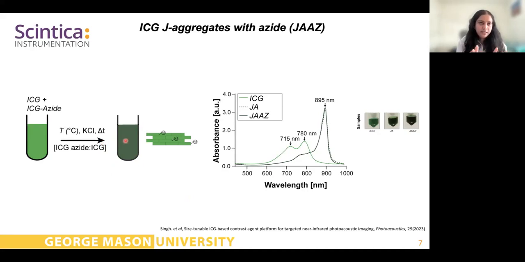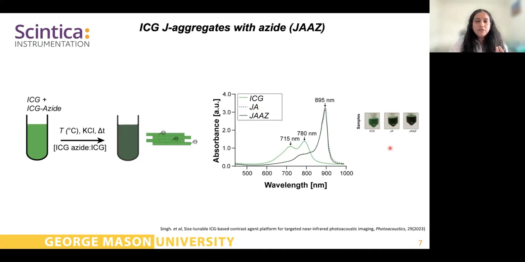And after incubating them at elevated temperatures, which was 60 degrees Celsius, we obtained the same kind of J aggregate staggered structure that I mentioned in the previous slide, but in this one, there were azide groups incorporated into it. We call these structures JAS, and we noticed that JAS had the same optical absorption at 895 nanometer that is inherent to the J aggregates of ICG.